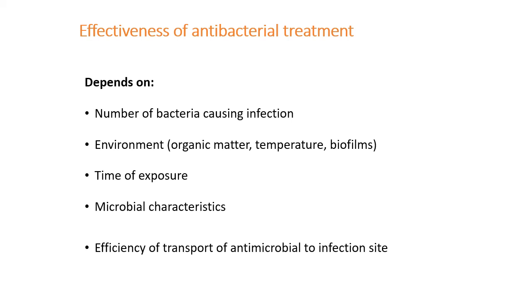If that same wound is contaminated by a very large number of bacteria, it will be much harder to eradicate an infection. Also important is what the bacteria are doing in that wound or that environment, and also, for example, temperature, and the fact that biofilms, which are bacterial mats, are a very important way in which bacteria evade immune clearance and antibiotic action.